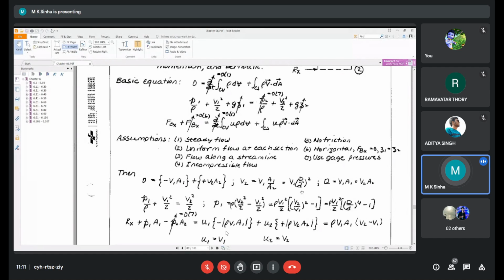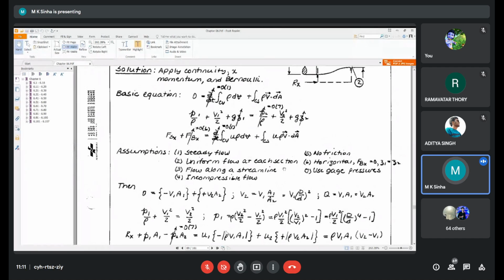So this is the mass entering, multiplied by the velocity change. Or you may write it from the control volume equations, the integral method used for the continuity and momentum equations, or directly apply the one-dimensional continuity equation and momentum equation.